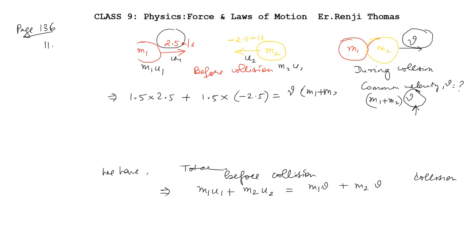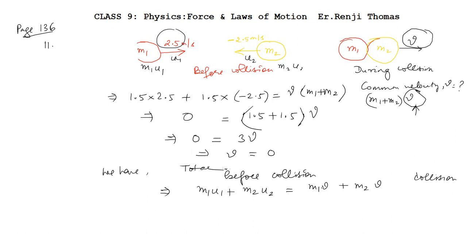So this part will become 0 because it is the same quantity with a minus sign, or you can just multiply and check it. And m1 plus m2 is 1.5 plus 1.5, into v. So 0 equals 3v, and v equals 0. Velocity is 0.